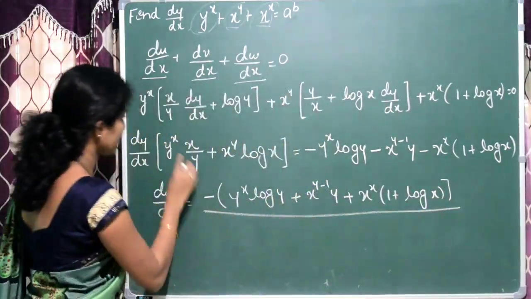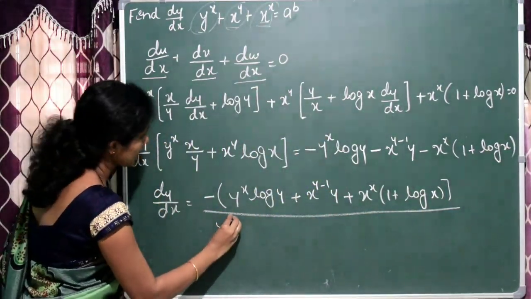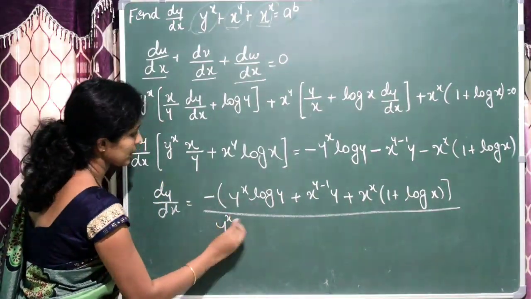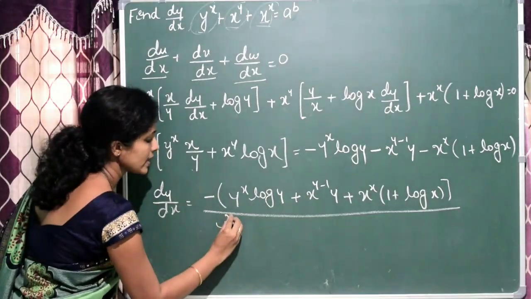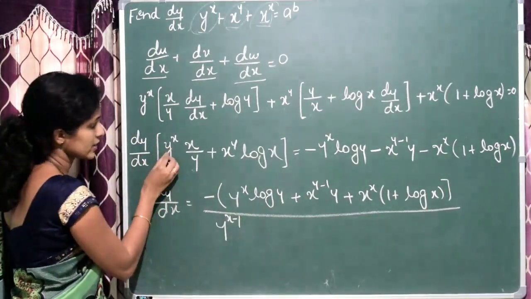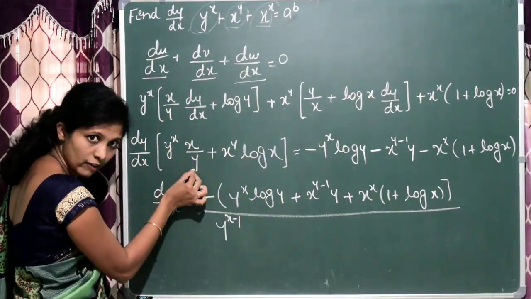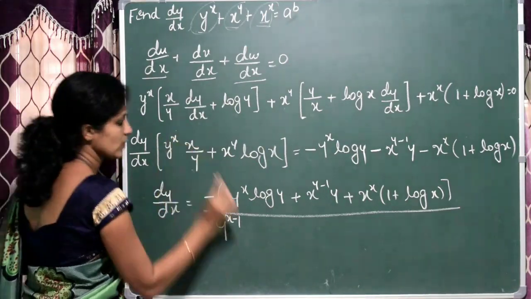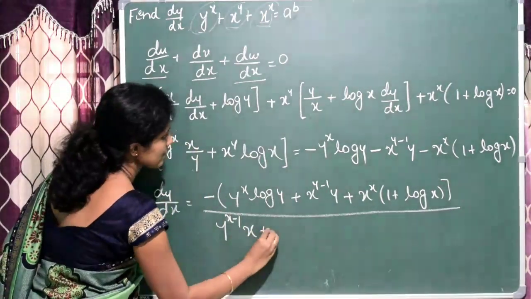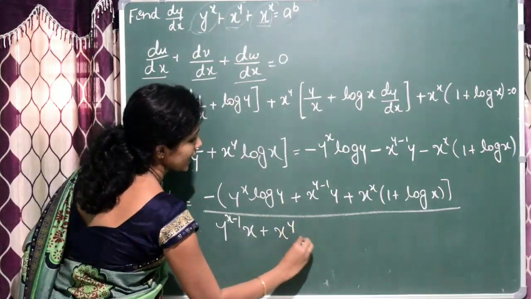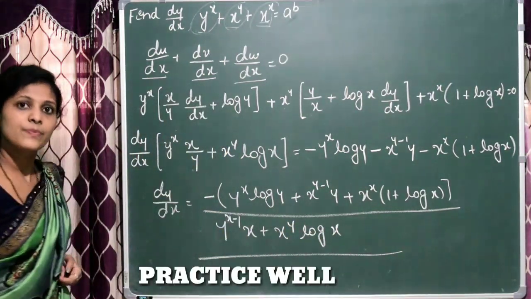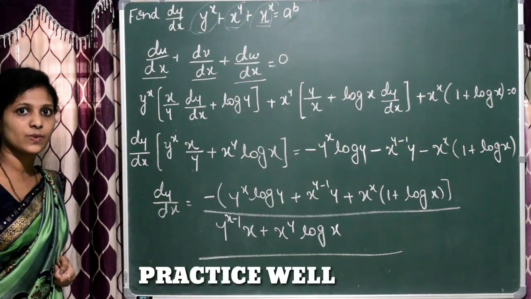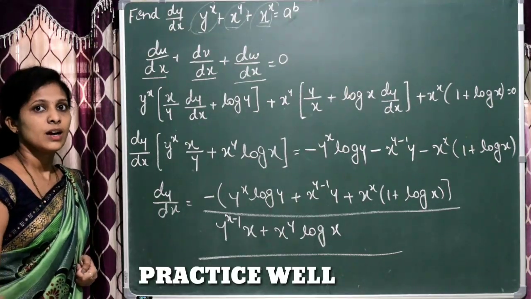Whole divided by the function, that is y to the power x into, see y to the power x divided by y, so I can write y to the power x minus 1, right? Into x plus x to the power y into log x. So this is the dy by dx of the given function. I hope you understood this one. In the next session we will solve some exercise problems.